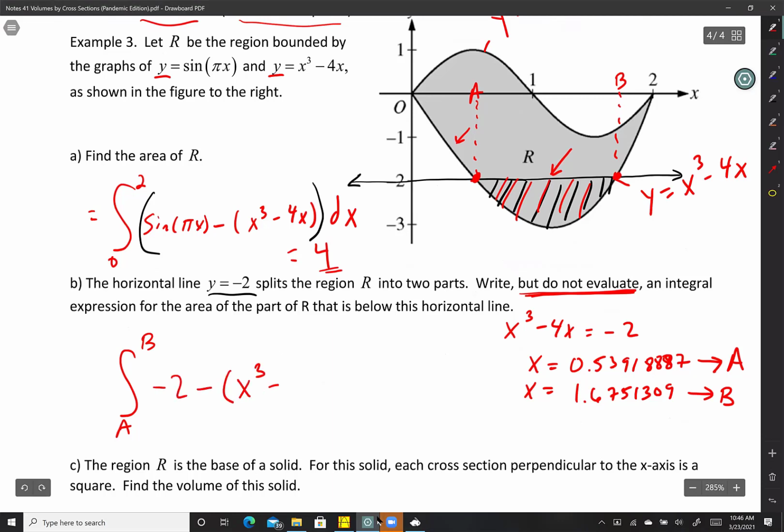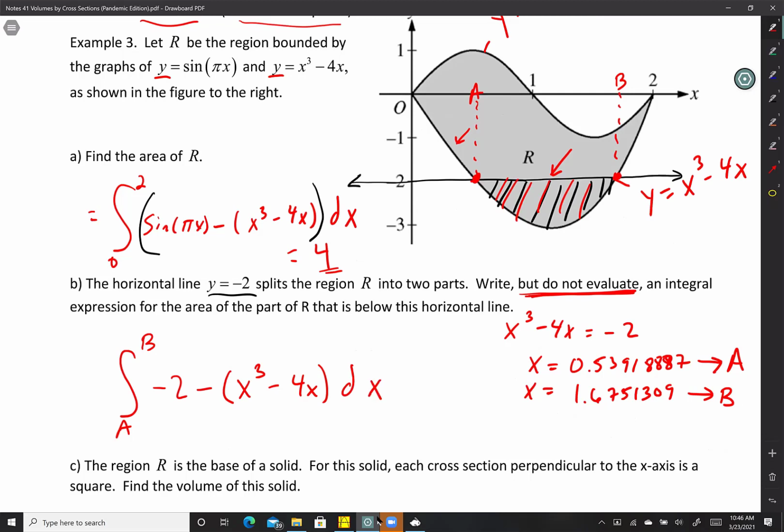Perfect. X cubed minus 4x. Okay, yeah, you said x cubed plus 4x. That's fine. You can distribute like that. Perfect. There it is, guys. Do I have to solve for it? No. They said do not evaluate. So don't waste time evaluating.